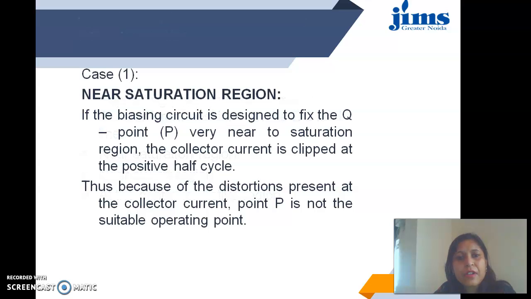If the biasing circuit is designed to fix the Q point very near to the saturation region, the collector current gets clipped during the positive half cycle, near the y-axis. Because of this distortion in the collector current, point P is not a suitable operating point.